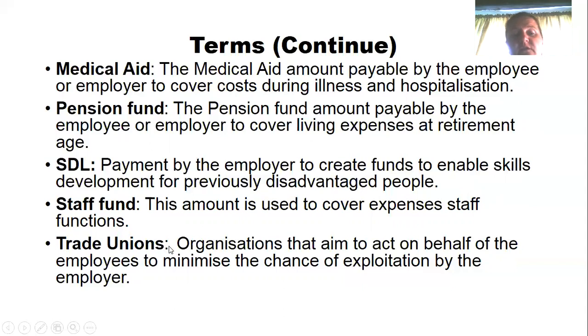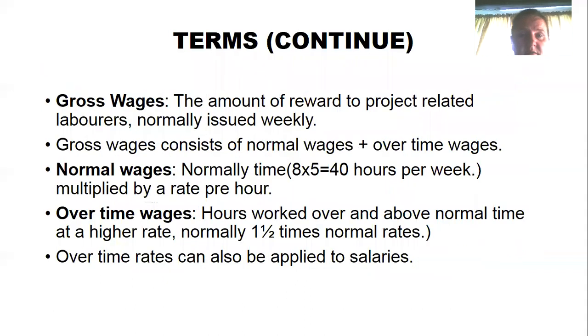When you've got trade unions, they are organizations that aim to improve the standard of living of the employees, so that employers do not exploit with their power the rights of the employees. But over here, remember, it's a two-way street. So both parties need to keep in mind that it can go south for either party.